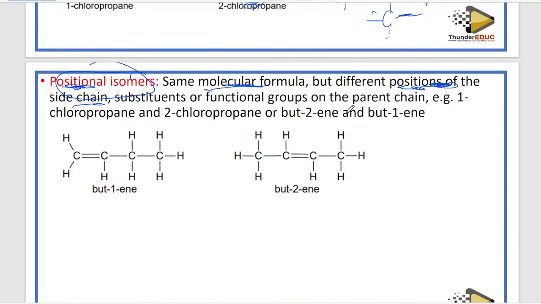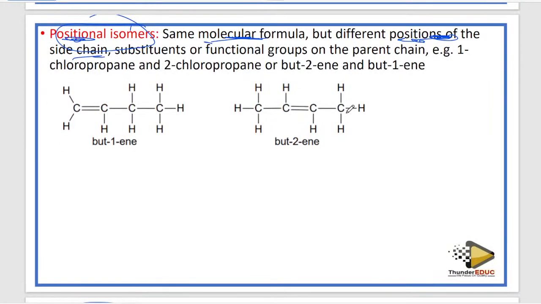All right, position isomer. Now this one changes the position of the functional group. This is the functional group, the double bond. Remember, it reacts in a specific manner. And then here, it is between the first and the second.